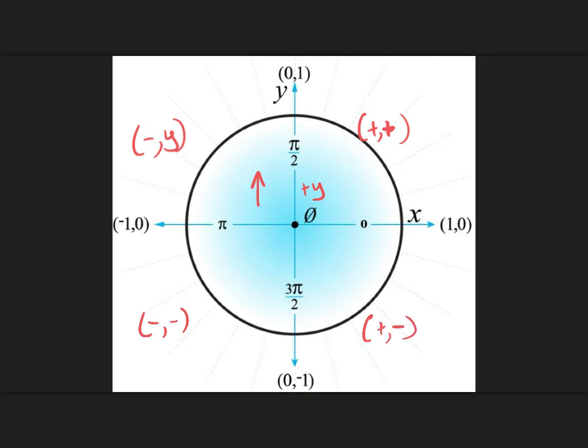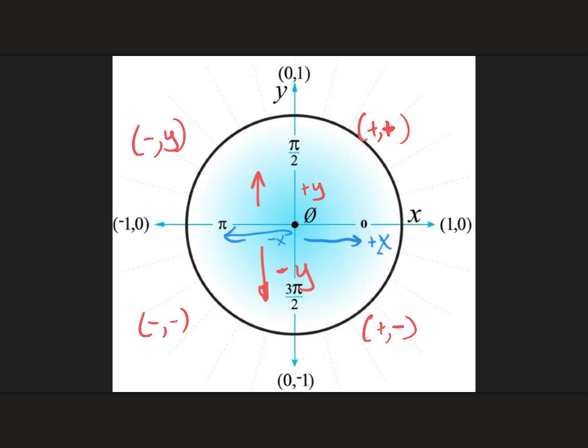So as we can see, in quadrants 3 and 4, the y values are negative. The x values are negative left of the y-axis and positive to the right of the y-axis. That's not positive y, that should be positive x.